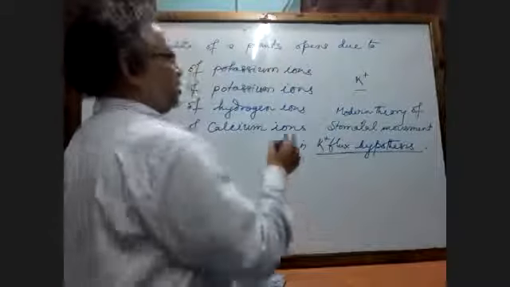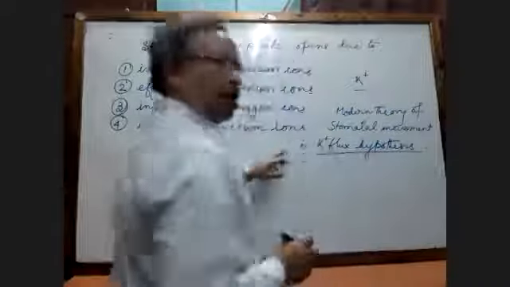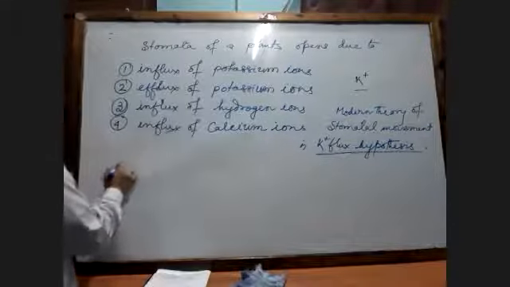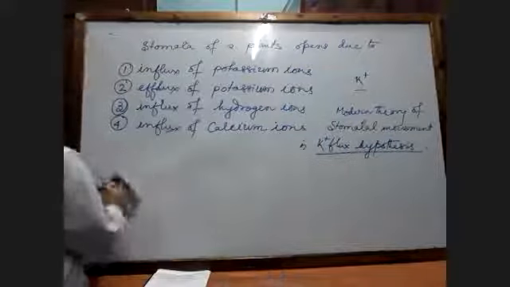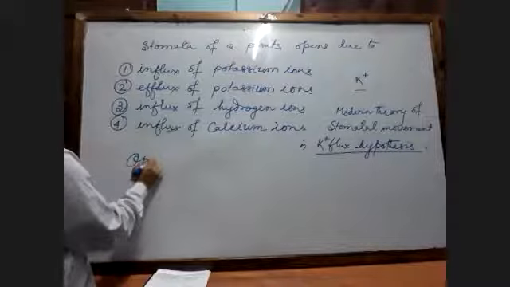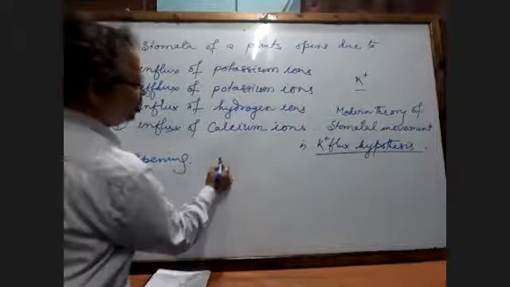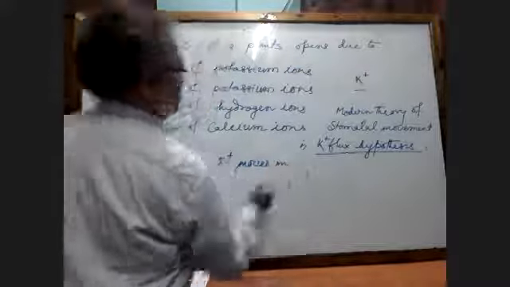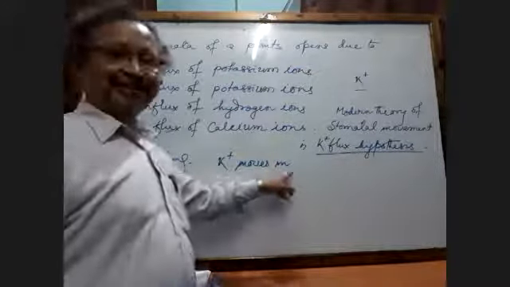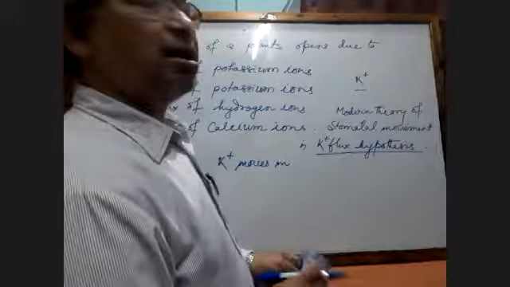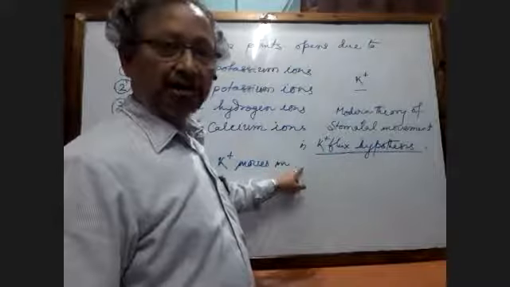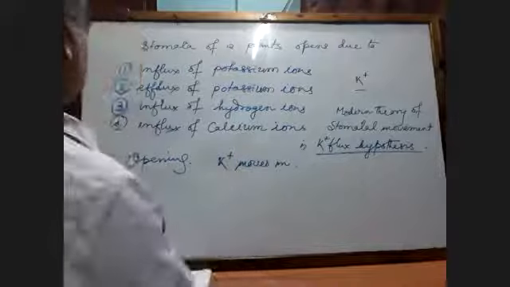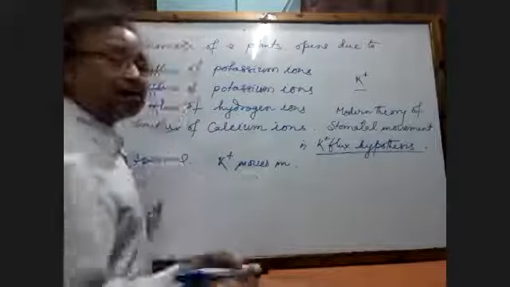So the modern theory is the potassium ion flux hypothesis. During the opening of the stomata, potassium ion moves into the guard cell, and that decreases the water potential of the guard cell, and water moves inside the guard cell, and that causes the increase in the turgor.